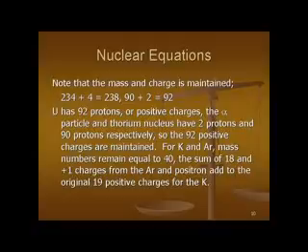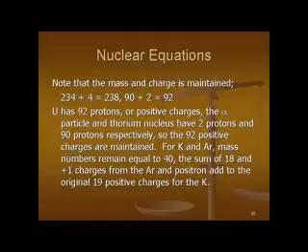For potassium and argon, the mass numbers remain equal to 40. The sum of 18 and the 1 plus charge from the positron add to the original 19 positive charges from the potassium. This can be confusing because a positron is not a proton, and you do not want to confuse it with a proton. It is simply the antiparticle of an electron that has a positive charge. And so this is where you want to be careful to make sure those numbers add up, but please don't confuse a positron with a proton.